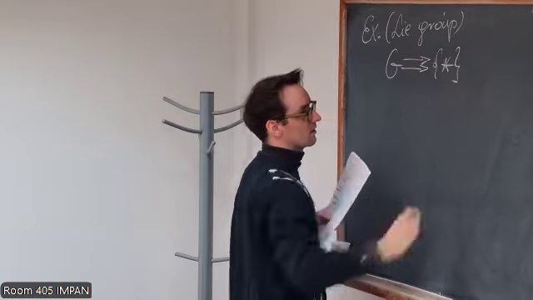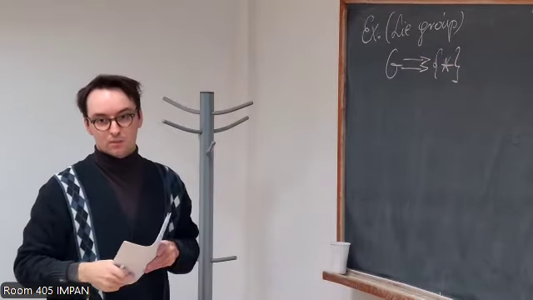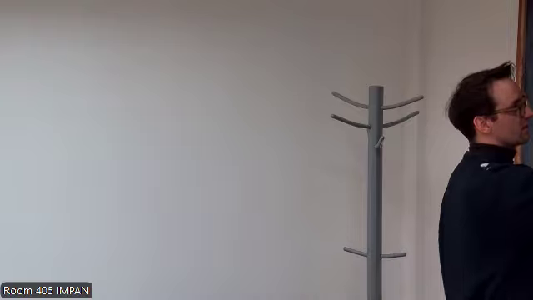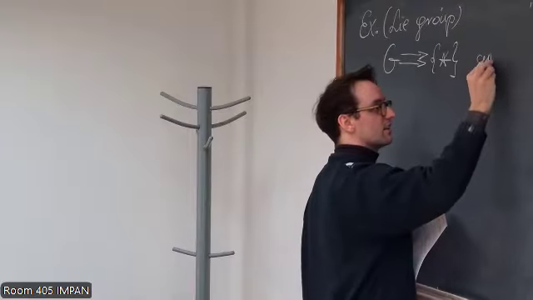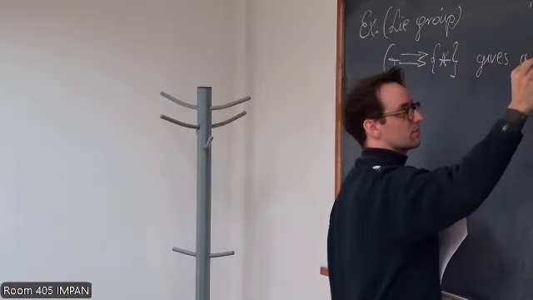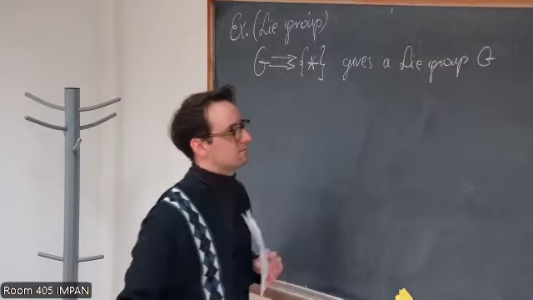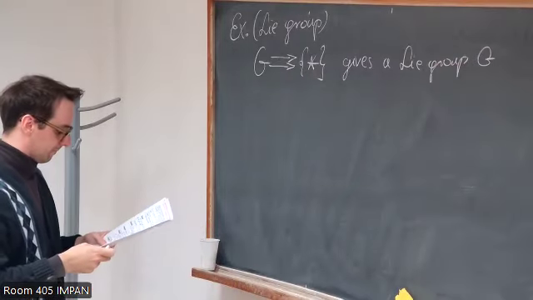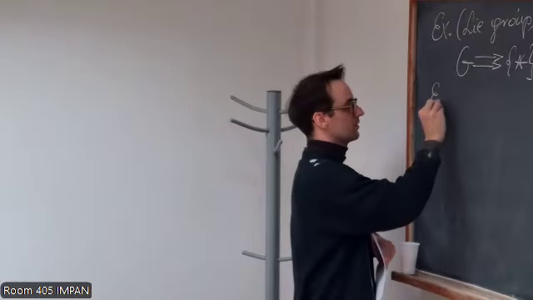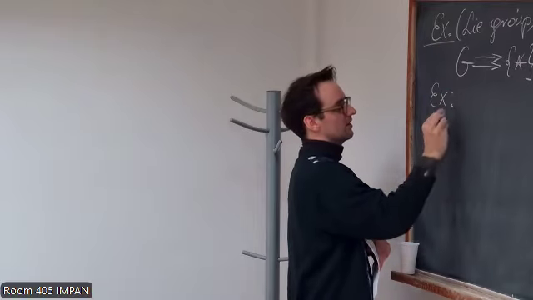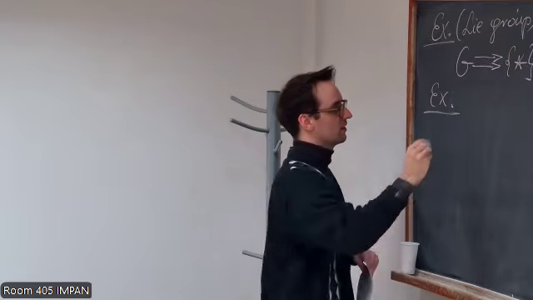over the single point. So this Lie groupoid gives a Lie group G. Okay, the second example is a manifold.